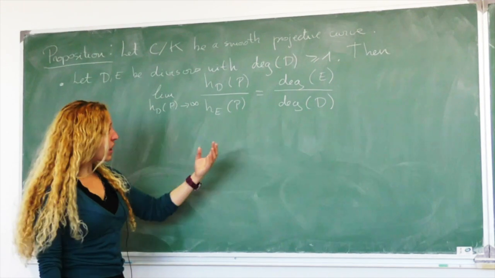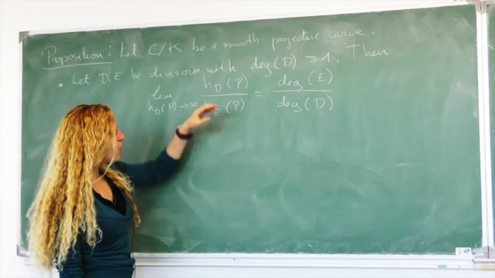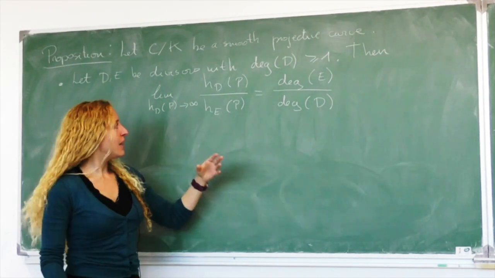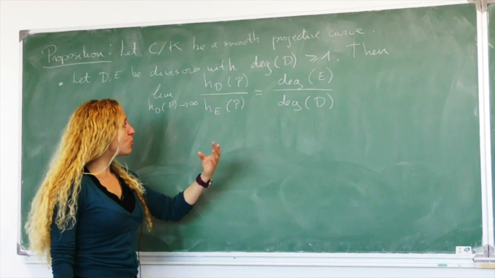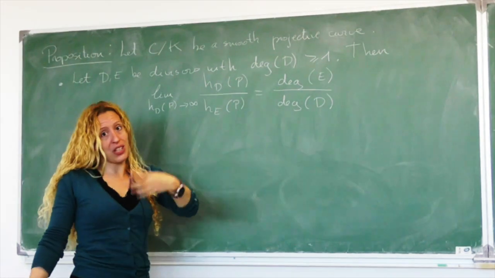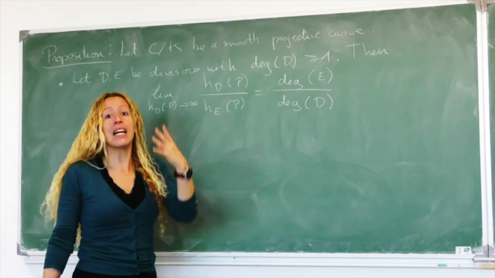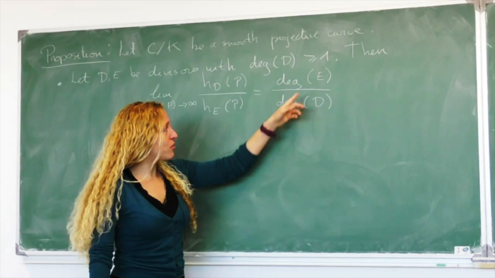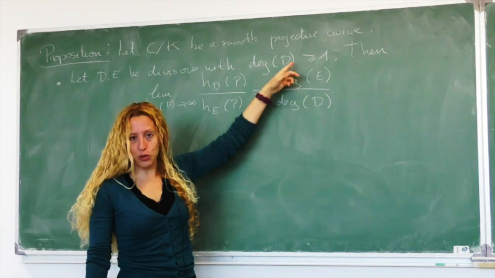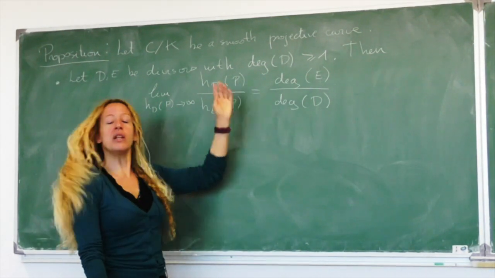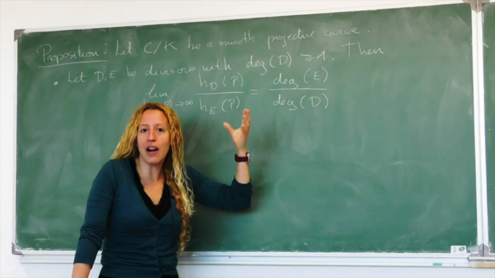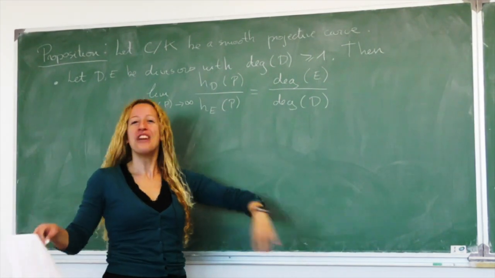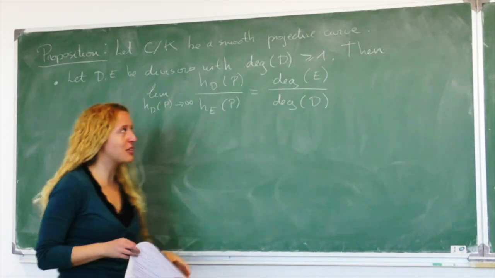So it is natural to expect that somehow those heights are, up to constants, equal each of them to the degree of the divisor, so the degree of the induced morphism, times a height in the projective space. And here you have, indeed, the degrees of the corresponding divisors. So this equality is quite natural. You could have guessed it, let's say. Later we're going to see the proof, but I wanted you to have this motivation.